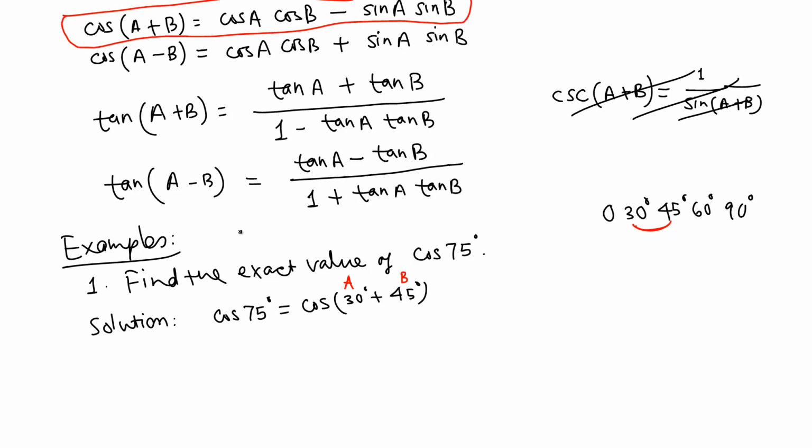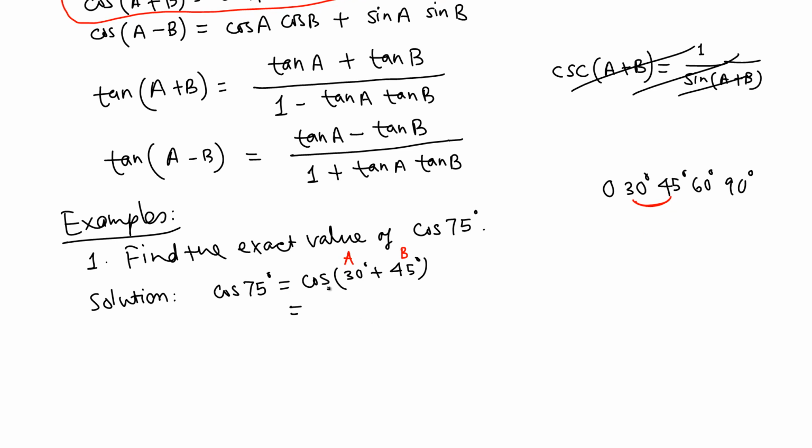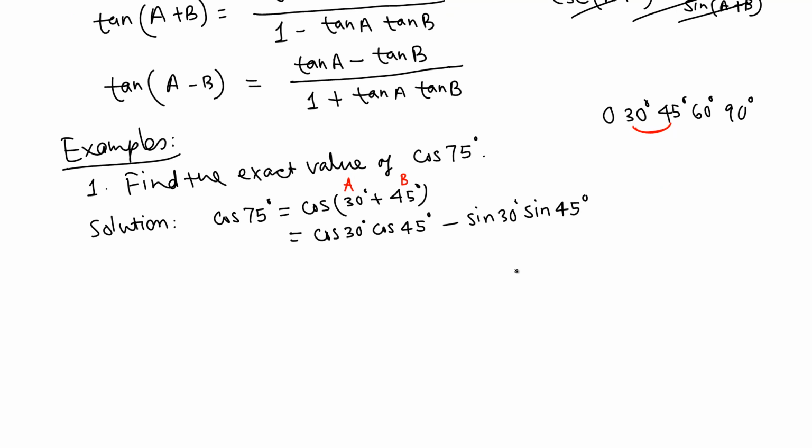Using that, cosine A plus B is cosine A times cosine B, plus means minus for cosine, sine A sine B. Now we use the unit circle to write down the values of these trig functions.